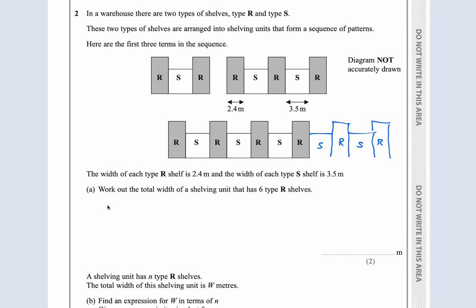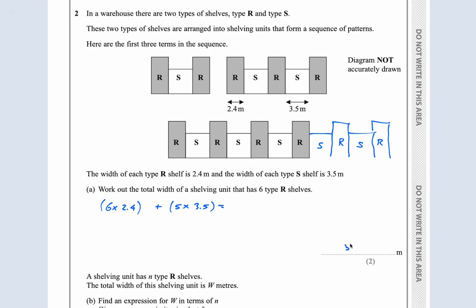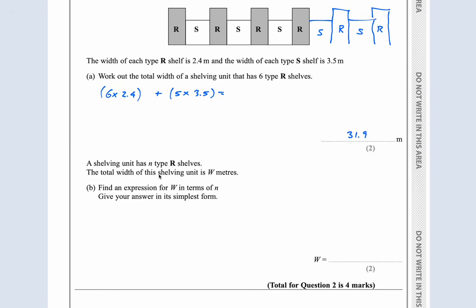So I'm going to do 6 times 2.4 plus 5 times 3.5, and that is 31.9 meters.